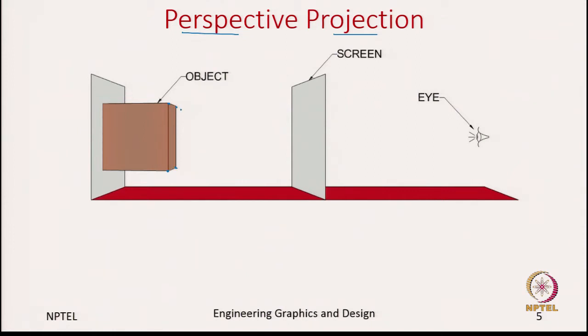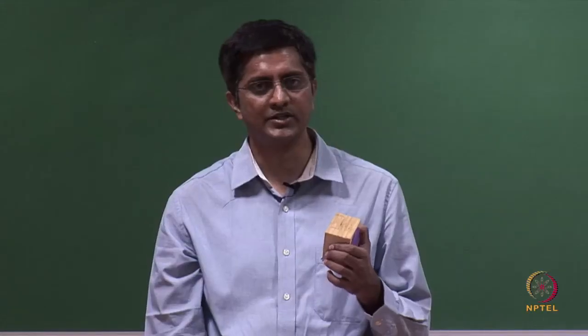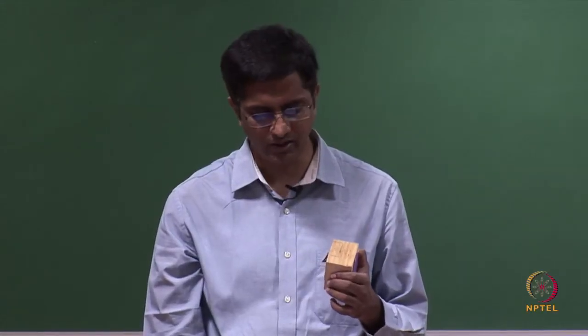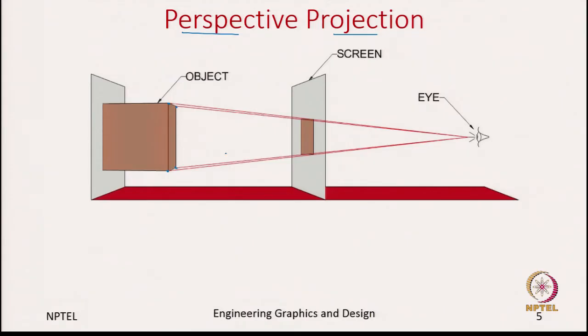So, once you draw the projectors, they will intersect with the projection plane. So, these are the 4 projectors from the 4 corners of the front face of this cube, and these 4 projectors will make 4 intersection points on the projection plane, and once you join them, this is the view you get of the front face of this cube.